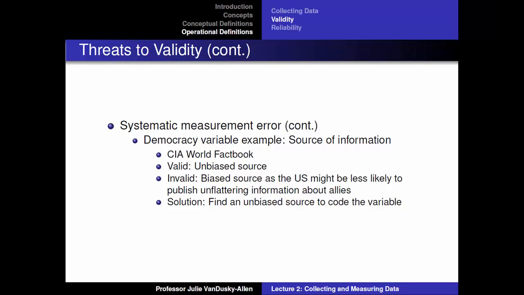Then our variable would not only be measuring democracy, it would also be capturing U.S. government bias of countries throughout the world, a characteristic we did not intend to measure. U.S. bias would be causing systematic measurement error in our measure. If that happens, then our variable would be invalid. The solution to this problem is to find an unbiased source of information to code our variable.